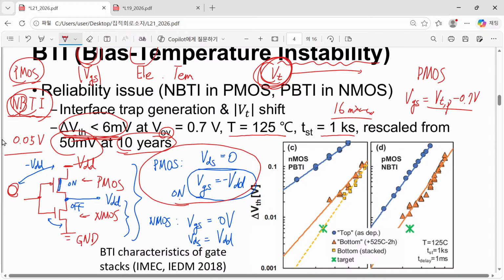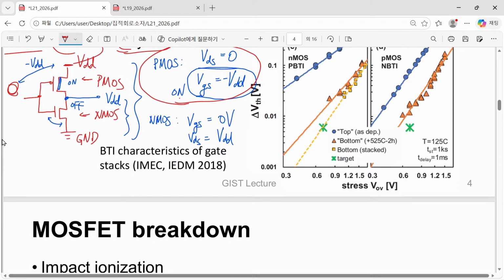That is the amount we have to guarantee to our customers.